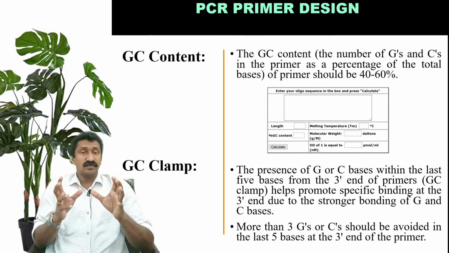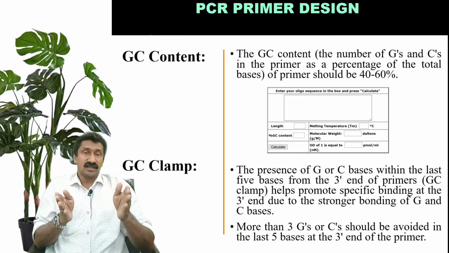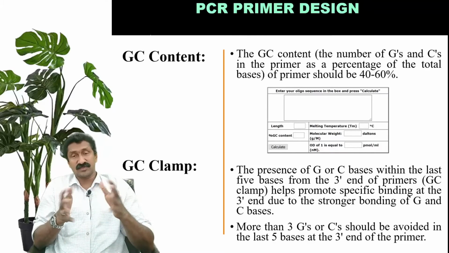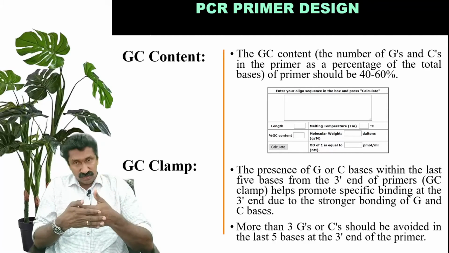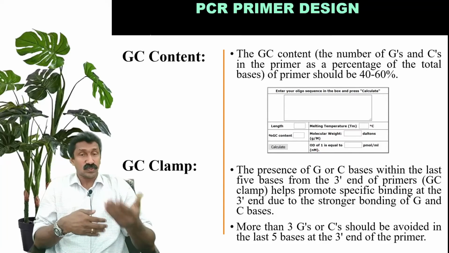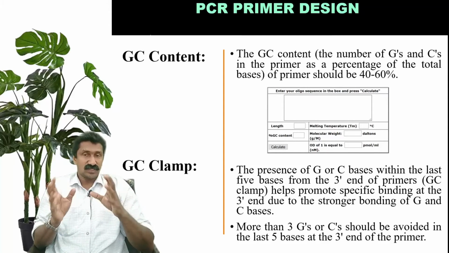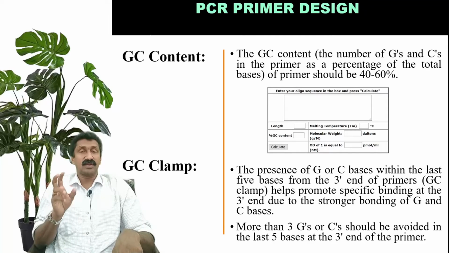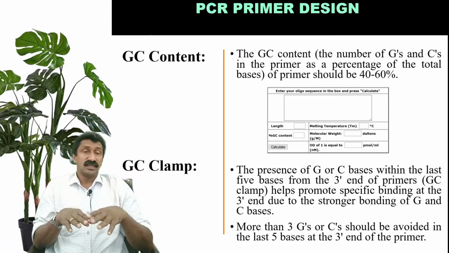So in the last 5 bases of the 3' end of the primer, at least half of them, about 3 of the last 5 bases, may be G or C. That will be a sufficient clamp to stick onto the template DNA, and it will not be too strong to clamp without dissociating. So this is the requirement at the 3' end of the primers. GC content should be about 50 to 60%. That means more than 3 G or C in the 3' end of the primer is not advisable.